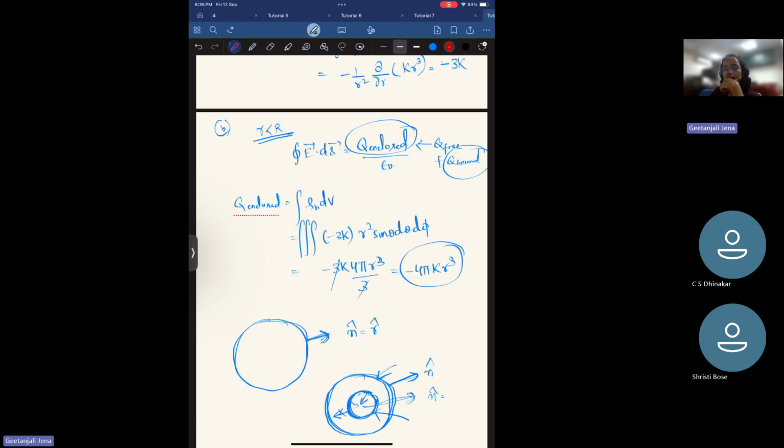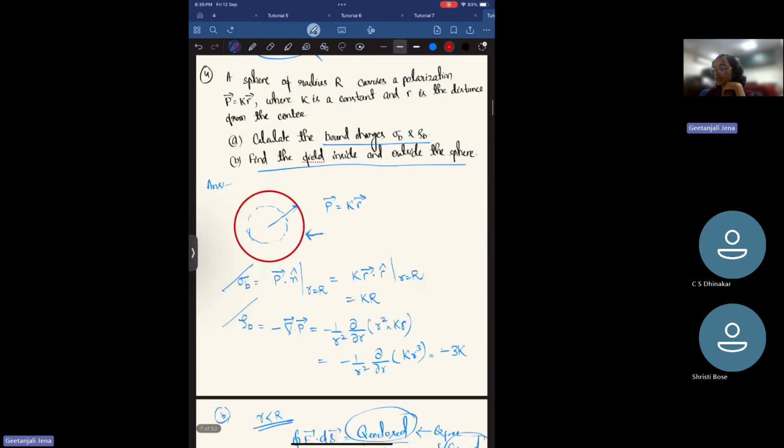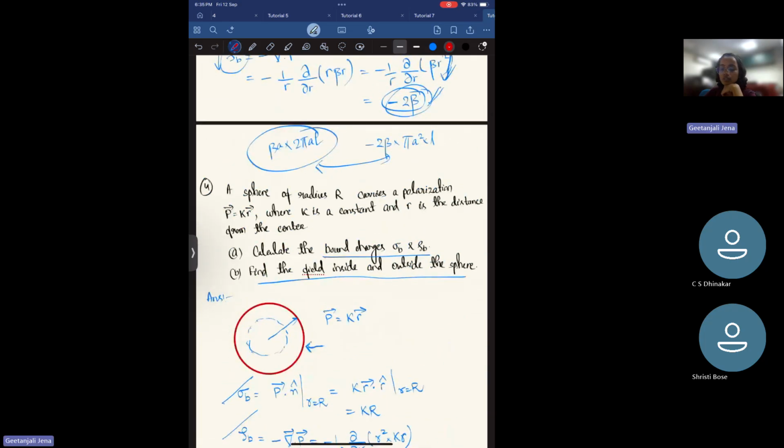Okay, for the free charge, the question should explicitly say that there is a free charge. If it doesn't say there is a free charge, then consider free charge to be zero, because here also you can see there is no free charge. Unless it's a metal, you can't guess whether there is a free charge or not, because a dielectric doesn't have any free charge unless you put some free charge from outside.